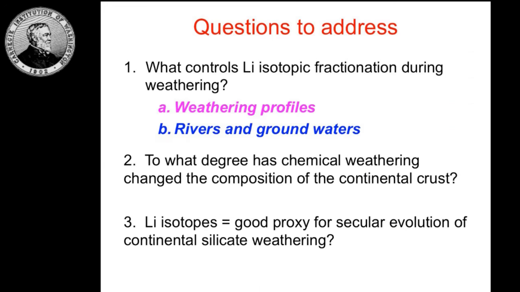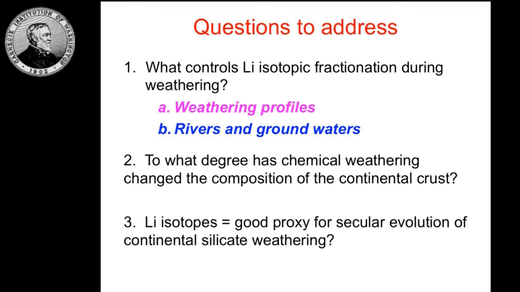Okay. So this leads us to the questions to address. As I emphasized before, we want to know what controls lithium isotopic fractionation during weathering. So there are two kinds of study we can do. One is we study the weathering profiles, which is what is left over from the weathering process. One is from the rivers, which is taking material away into the oceans.